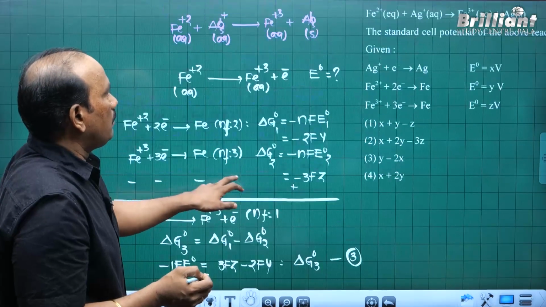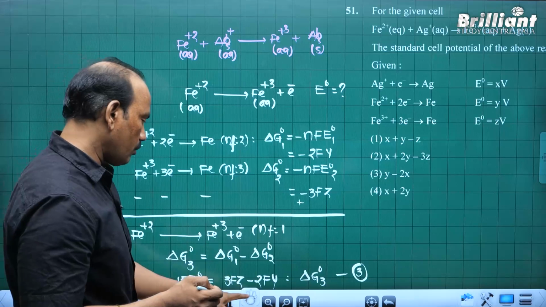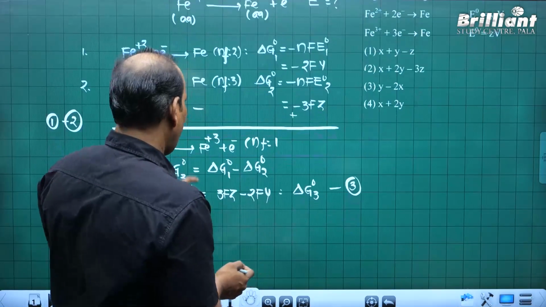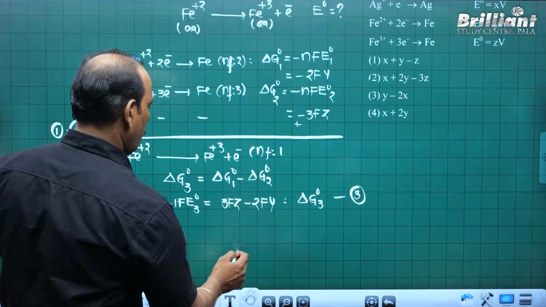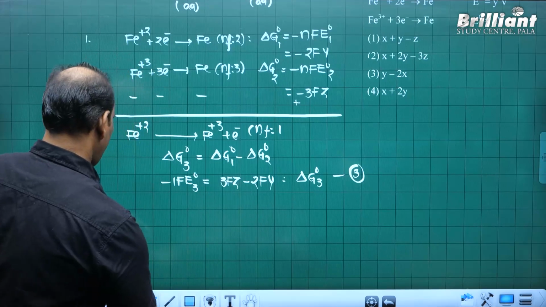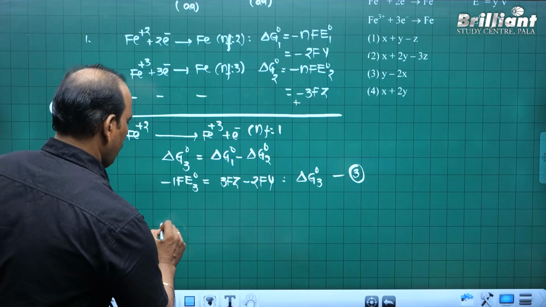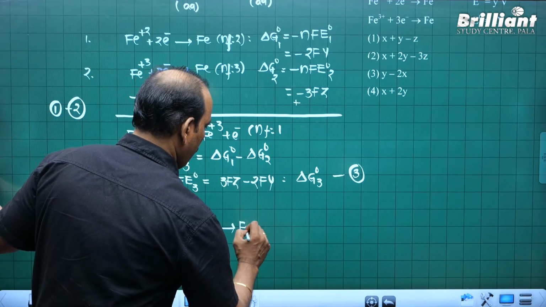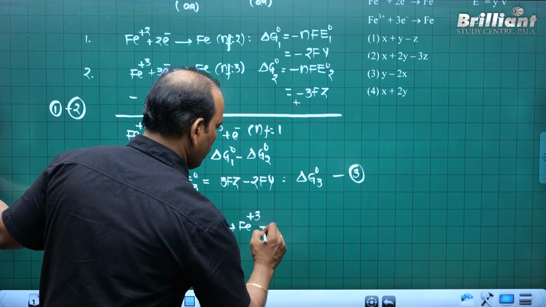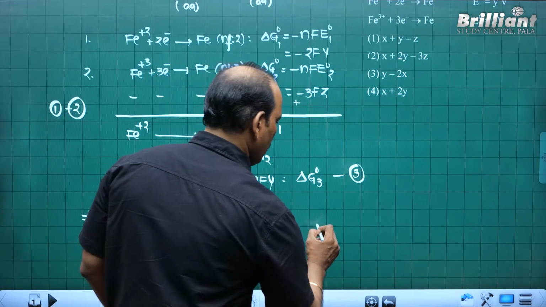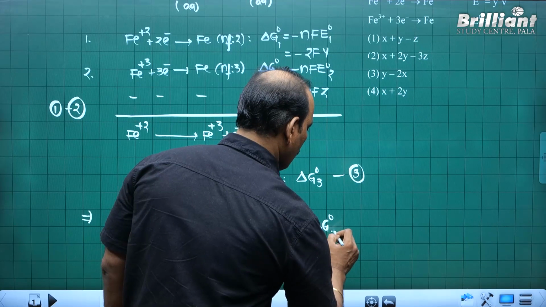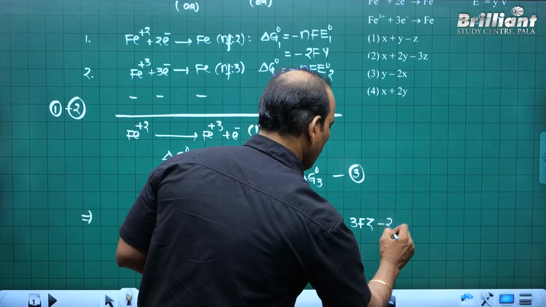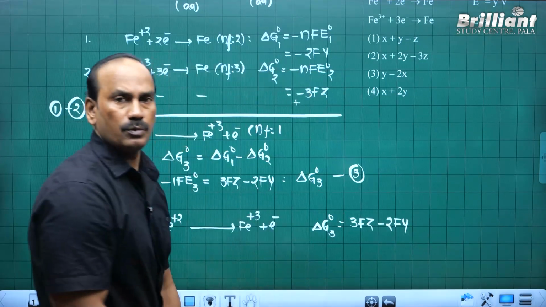Okay, we are getting this one. Next, Fe2+ gives rise to Fe3+ plus electron, delta G0 equal to 3FZ minus 2FY. So okay?